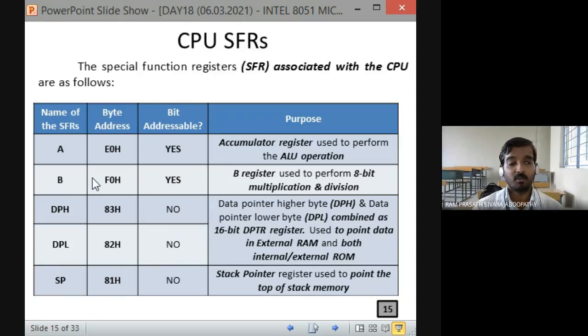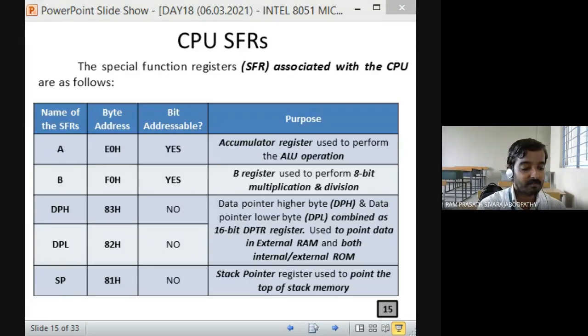One thing I want to tell you: those SFRs whose address ends with 0 or 8 are bit addressable. Remember this.